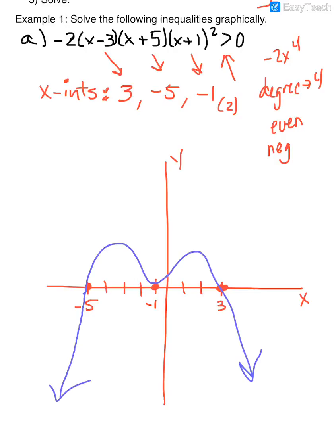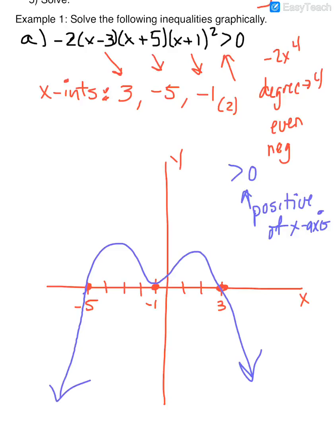We don't need to worry about our y-intercepts here because we're just concerned with which values for x make this inequality true. Looking at this, because it's greater than 0, my answers need to be on the positive side of the x-axis.